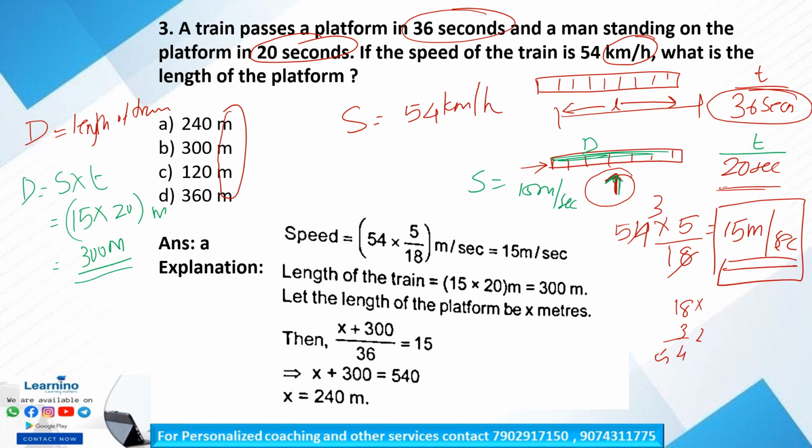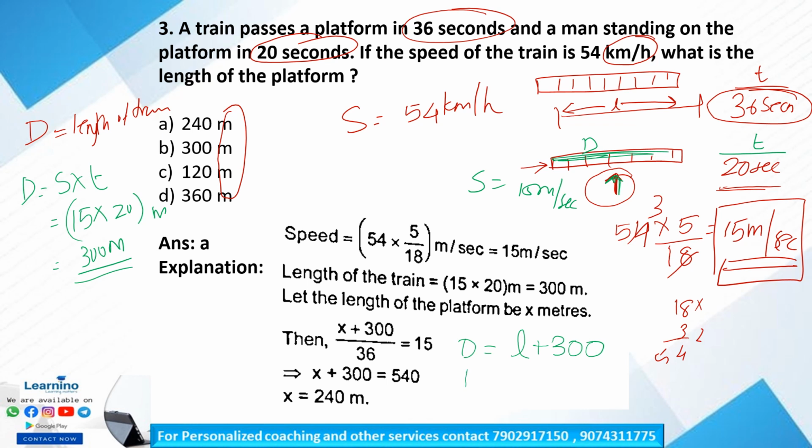So let us consider the length of the platform be L. So total distance D is equal to the length of the platform plus the length of the train.